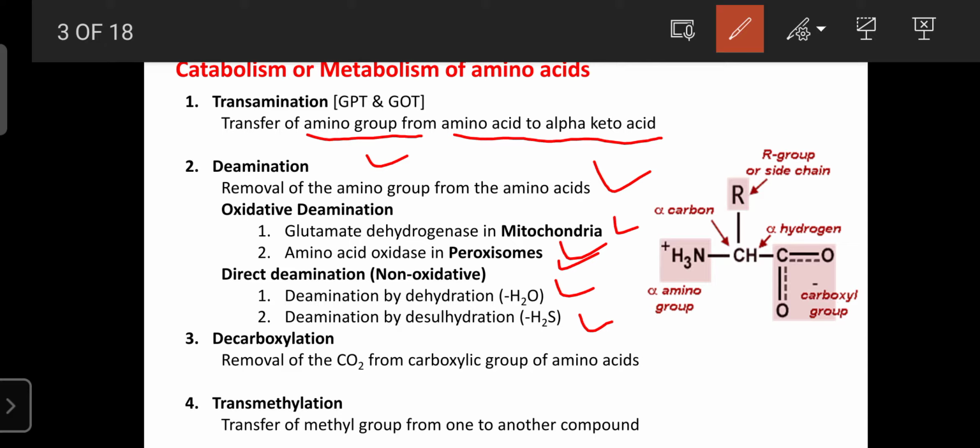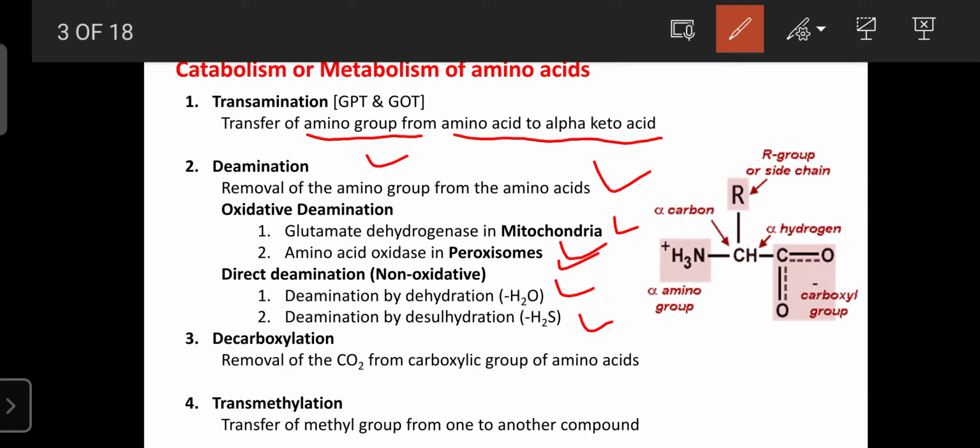These are the enzymes responsible for the formation of ammonia, or removal of the amino group from the amino acid. Such reactions are known as deamination, and both transamination and deamination occur simultaneously.